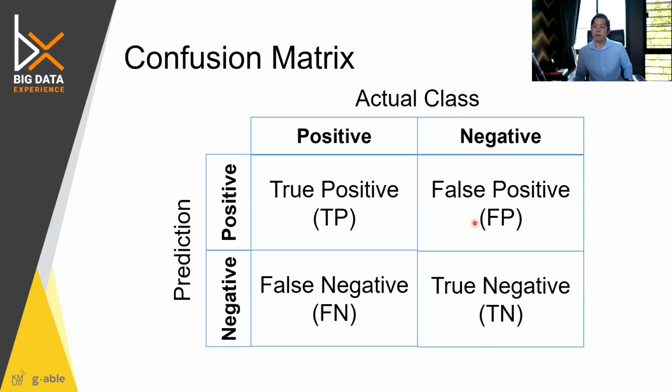So you can think about this as if you have a medical test, and that medical test shows that you have the disease, but actually you don't have that disease, and that would be a false positive. On the other hand, if the model predicts that you do not have the disease, but you actually have that disease, then that would be the false negative part.